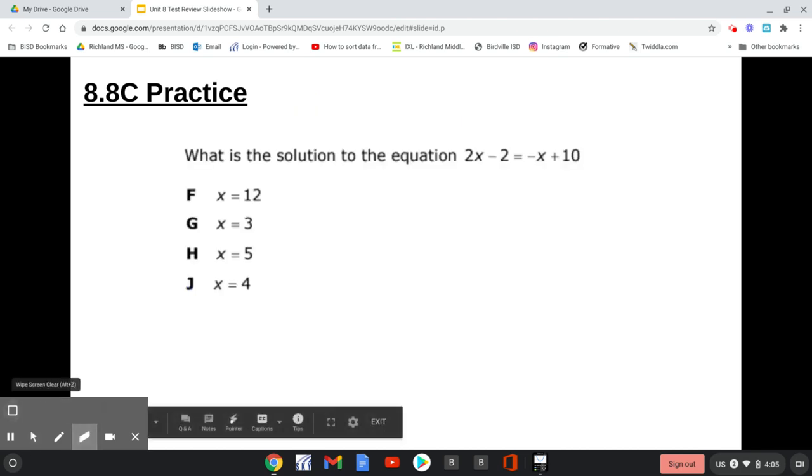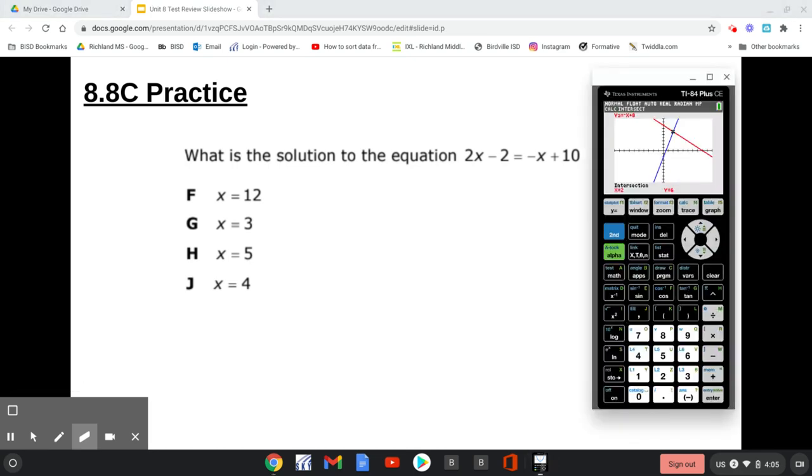What is the solution to the equation? Let's pull the calculator up. And we're going to put it in the calculator. We have 2x minus 2. I'm going to leave that the same because that's what we have. Negative x plus 10. I'm going to hit second, trace, 5, enter, enter, enter.